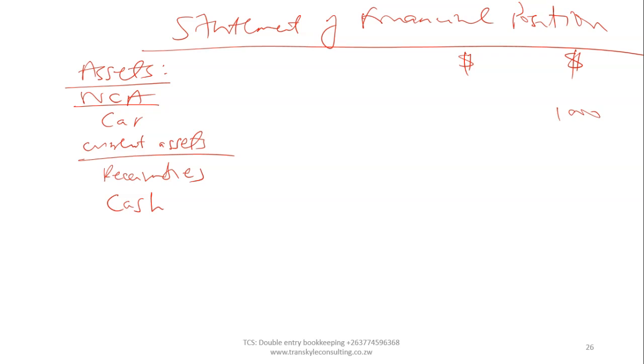So what happens is, ladies and gentlemen, when you are writing a statement, whether a statement of profit or loss or a statement of financial position, you must first state the name of the business. In this case, it's Rachel. Rachel, statement of financial position.